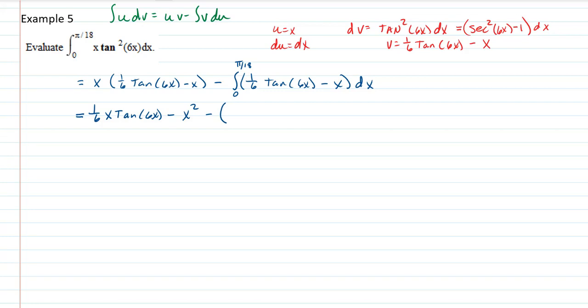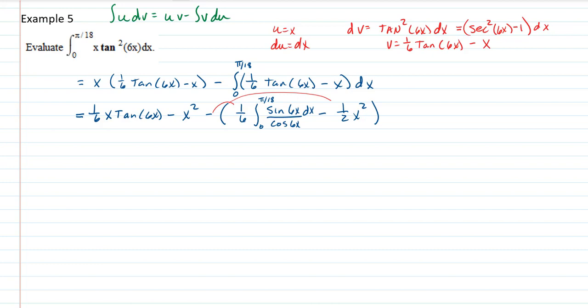I'll tell you what, I'll break this into two integrals. We're going to do it this way. This is going to be minus 1/6 the integral of tangent, which I could write as sine over cosine, minus x. And the integral of x is going to be what? 1/2 x squared. I'm going to go ahead and integrate that x. And now I need to distribute this negative across here and here.